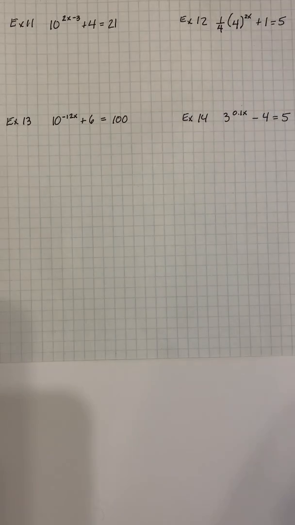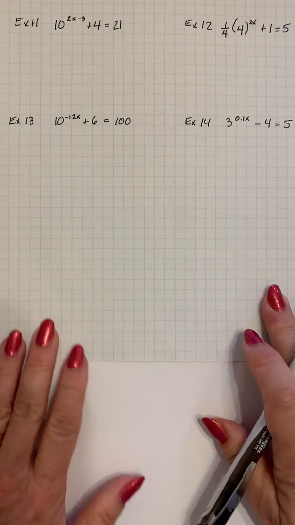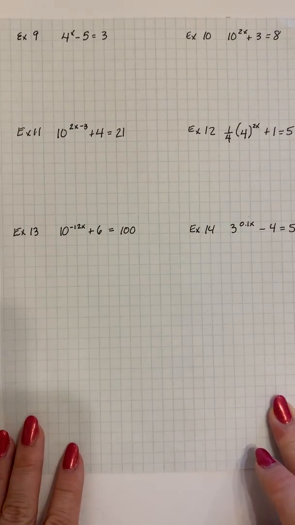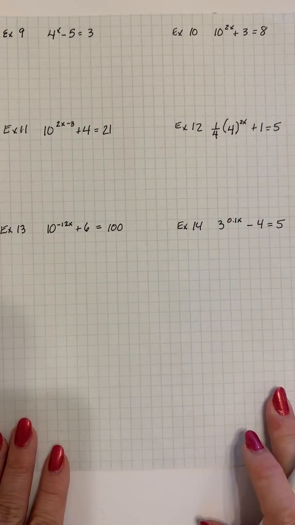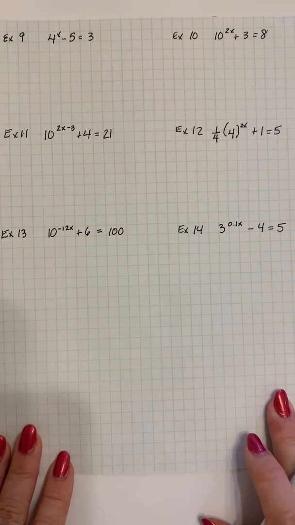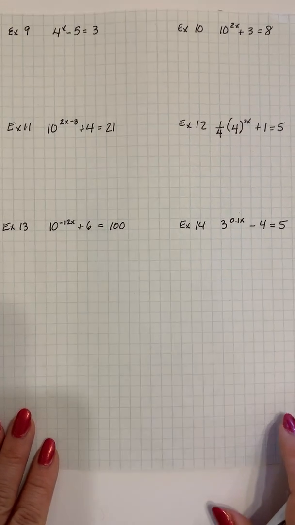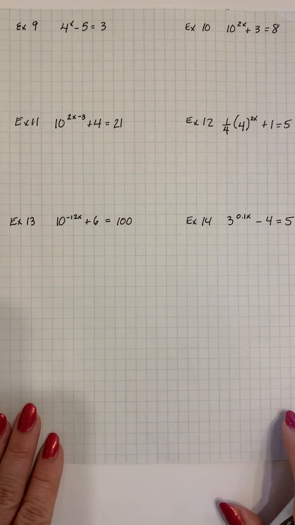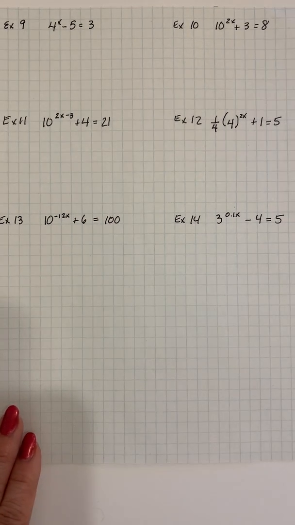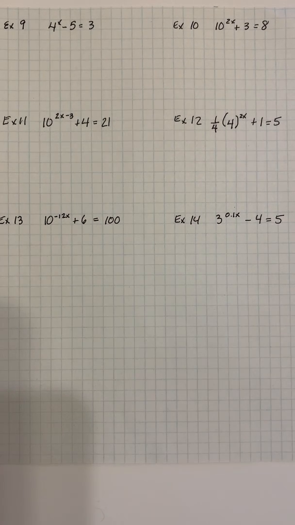Okay, next, let me move this down so that we can see all of it. There's example number 9. Some of these we can still use the same base if they work out, but otherwise we're going to take the log base of whatever it is to undo it.